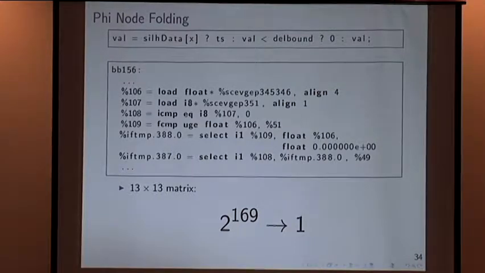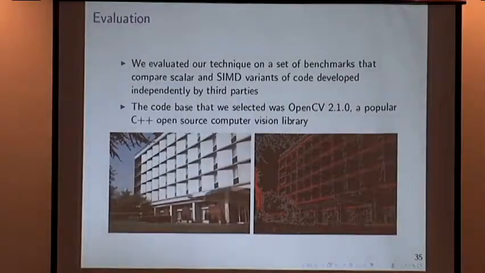So for our evaluation, we looked at a set of benchmarks which we developed that compare the scalar and SIMD code of a particular open source computer vision library. We didn't develop it ourselves.